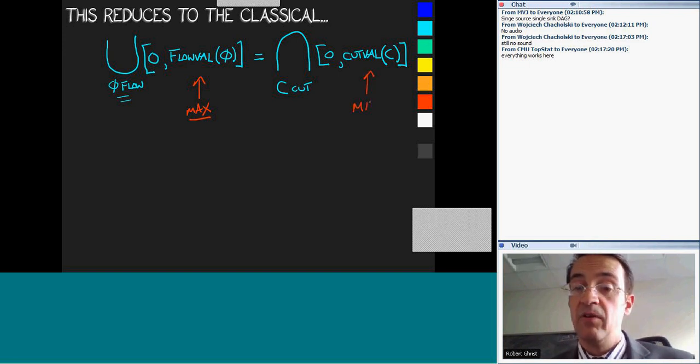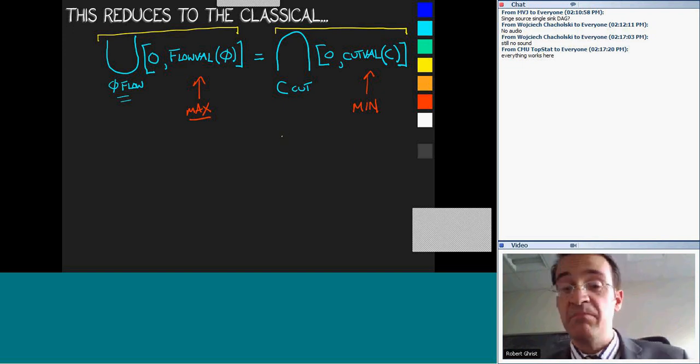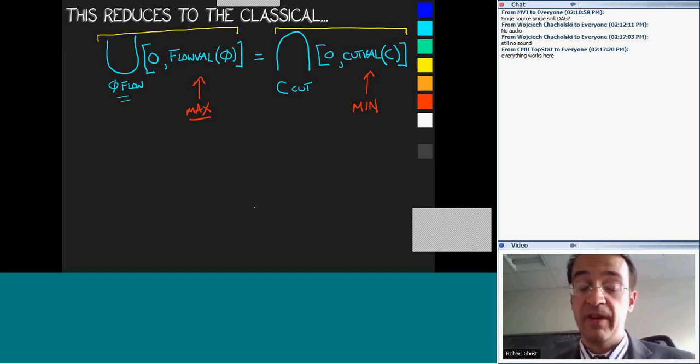When I take all of those intersections, what I'm getting is a minimum over all cut values. So this is really nice. What you're seeing is a categorification of classical result. If that this number happens to be equal to this number, its semi-module is equal to this semi-module. That is a much richer structure and very nice.